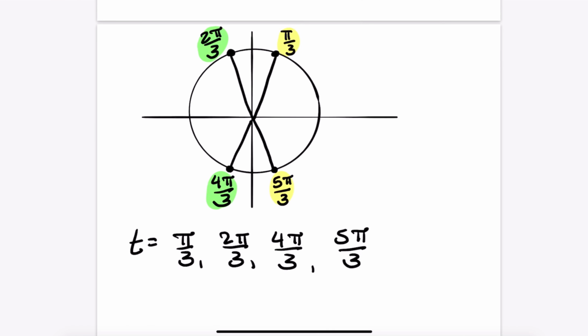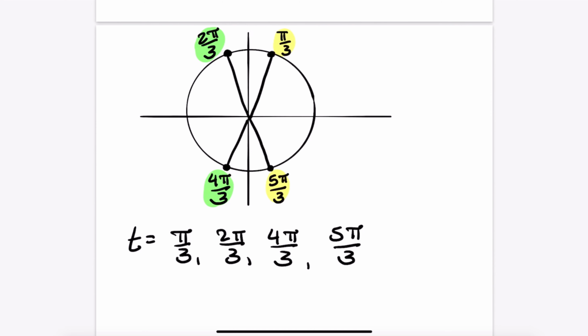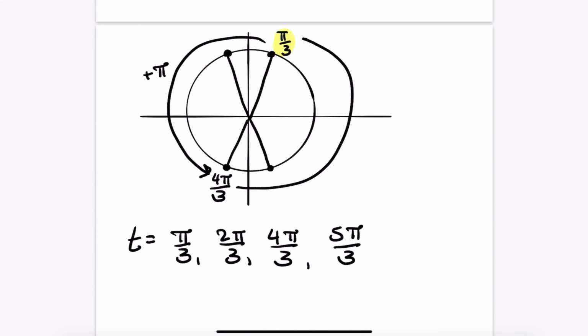So if we think about it, let's just look at pi over 3. I'm going to erase these so they're out of the way. If we take pi over 3 and we add pi, that's going to give us 4 pi over 3. That's one of our solutions. And then if we add pi again to 4 pi over 3, that would give us 7 pi over 3.